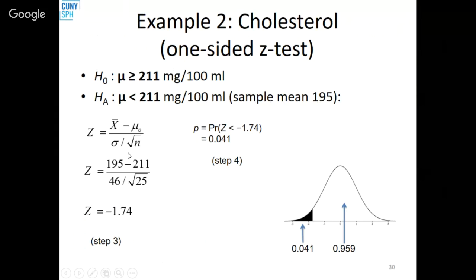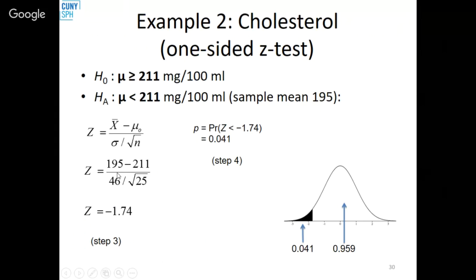All right, I have an example of a one-sided z-test here, just to demonstrate. If you had a null hypothesis of mu greater than or equal to 211, and an alternative of the mean of hypertensive smoking males being less, then in this instance, it does matter whether your observation is 195 or 227 or whatever that was.